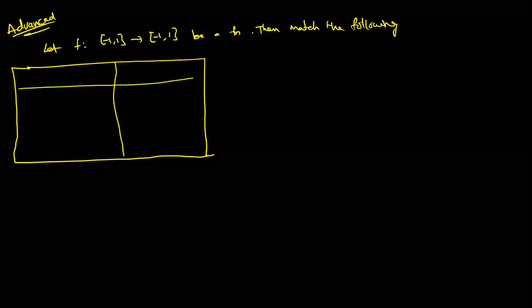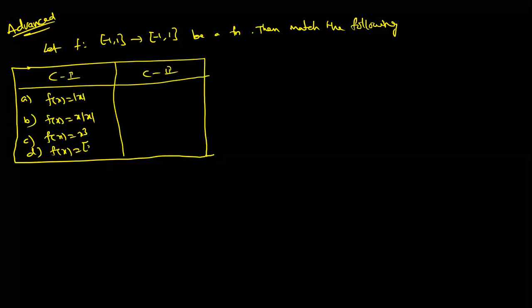Column 1, column 2. A. f(x) = |x|. B. f(x) = x|x|. C. f(x) = x cube. D. f(x) = integral part of x. E. f(x) = sin(πx/2).